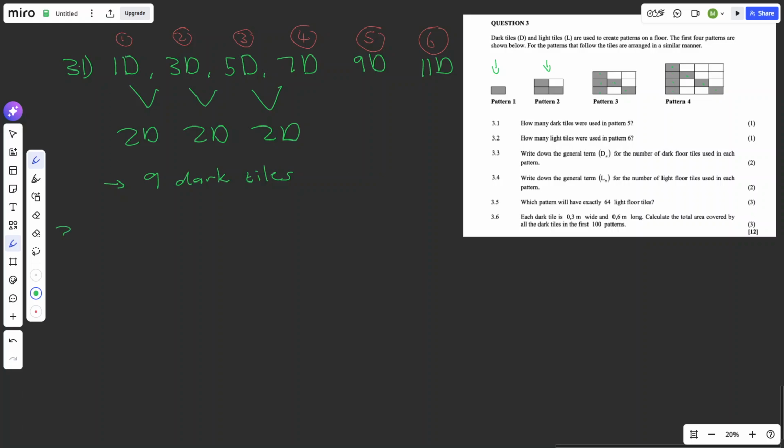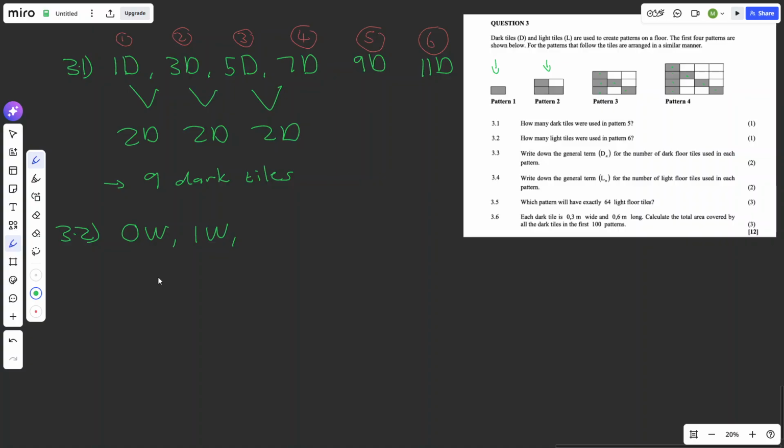In the next question, we now want to find the number of light tiles. If we go to our number pattern here, in pattern 1, we've got 0 white tiles. So we'll just put 0. In the second one, we've got 1.